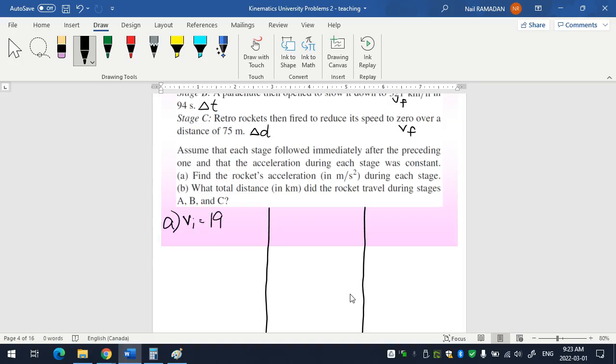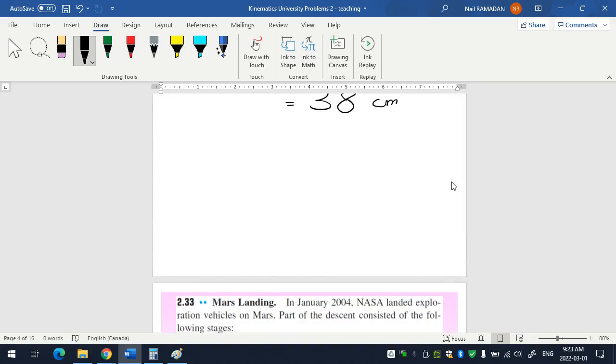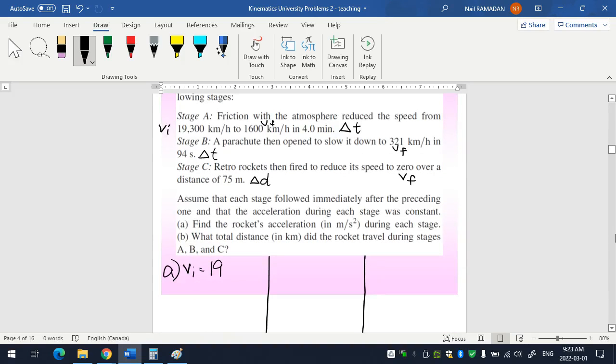But your time is given in what? For stage A, it's given in minutes. By the way, they told you to find the acceleration in what? Meters per second squared. So you need to convert all the distances from kilometers to meters and all the times from anything to seconds.